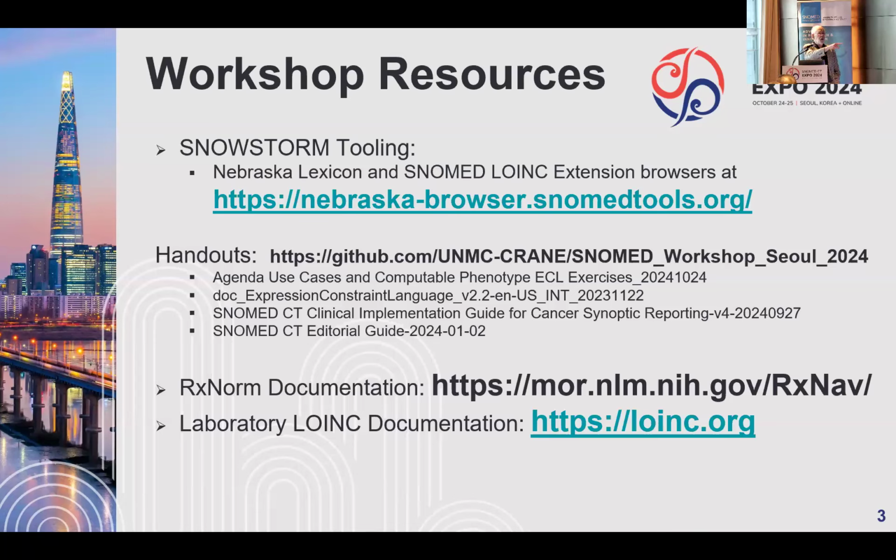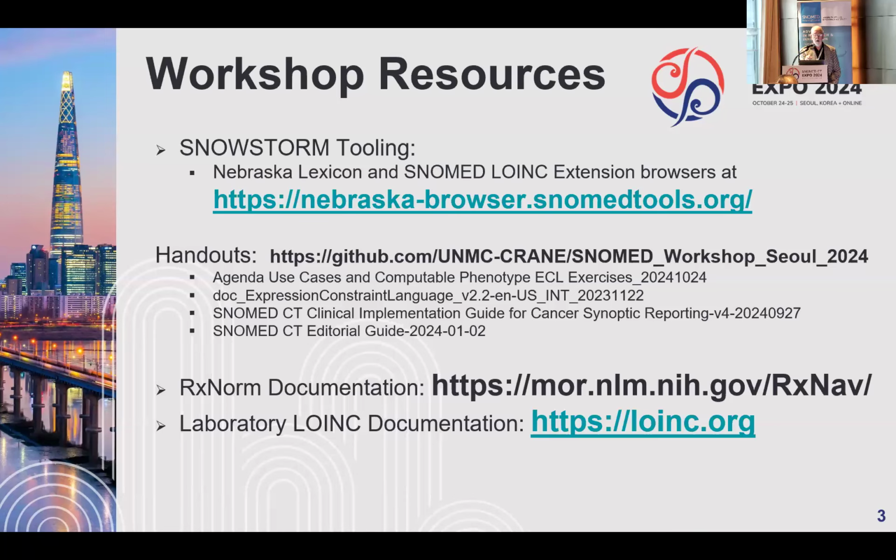Now, the handout material which we're distributing and which is available on our website, github.com, Crane Workshop Seoul, has several reference materials. First of all, our use cases and the clinical phenotypes, that is the ECL queries for the exercises that we will be demoing.